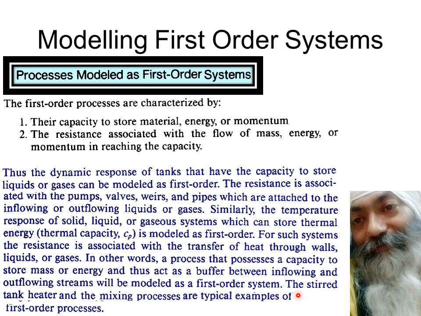So the things related to the tank heaters and the mixers and so on and so forth, they can be the simple typical examples of first order system. This is what we have seen so far. So this is what's symbolized over here. So wheresoever you have some tank and you have some flow and you have some resistance to the flow, whatsoever is happening, it can easily be modeled as the first order system.